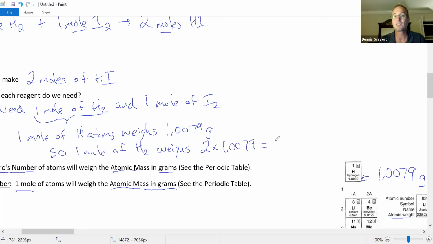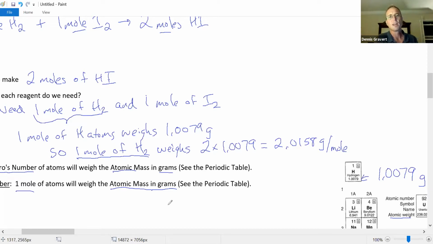And that's going to equal the number of grams of 1 mole of hydrogen gas. And that number is 2.0158 grams per mole. So for every mole of hydrogen gas, it's going to take 2.0158.